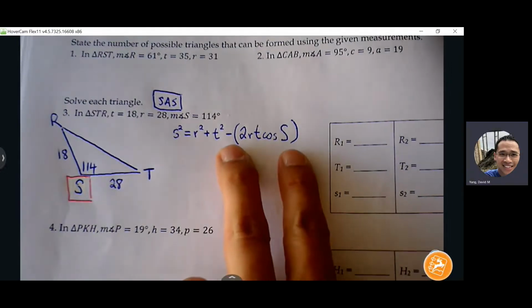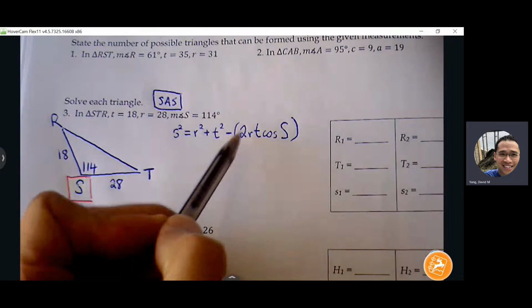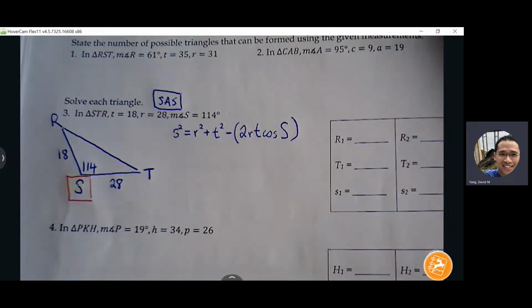And I like to put parentheses in the calculator around the 2, before the 2 and after the S, just to ensure that the negative doesn't mess up your order of operations.